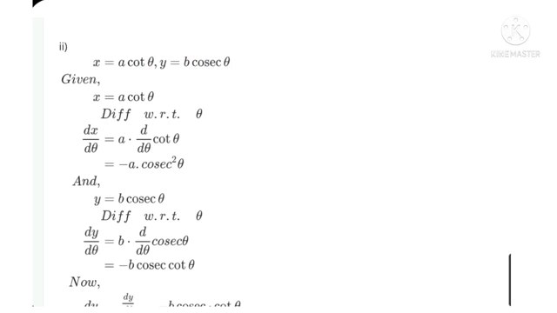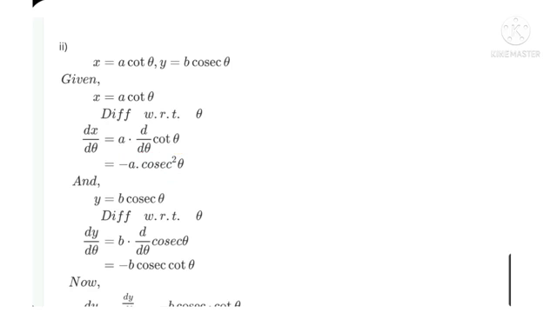We have x is equal to a cot theta. So we differentiate with respect to theta. dx by d theta is equal to a, a constant term, into the derivative of cot theta. The derivative of cot theta is minus cosec square theta. So we get dx by d theta is equal to minus a cosec square theta.